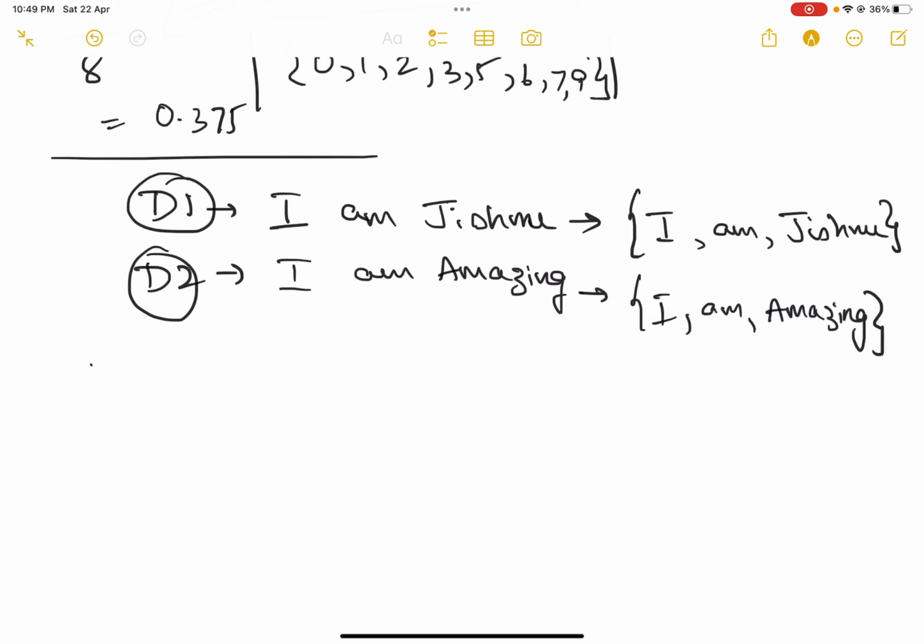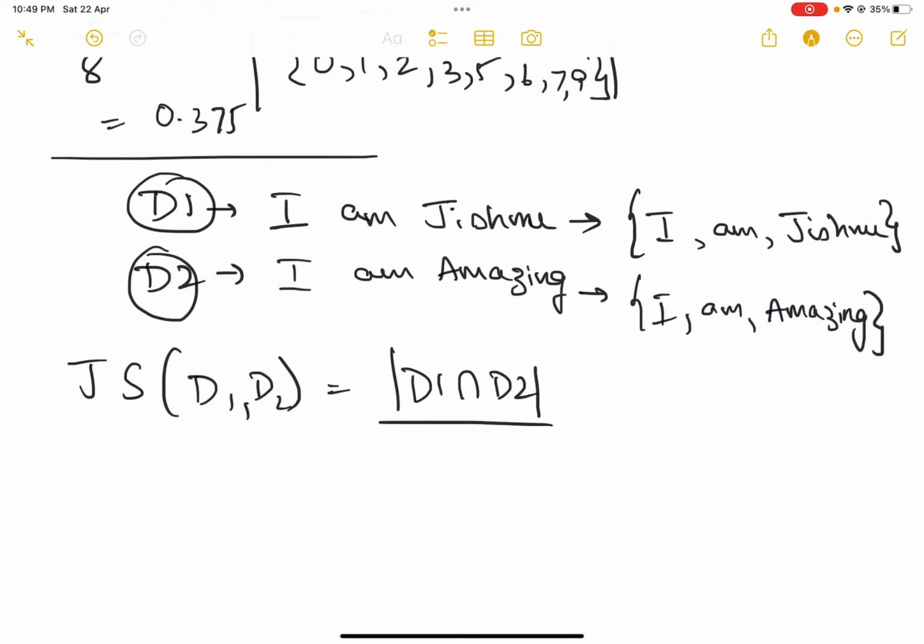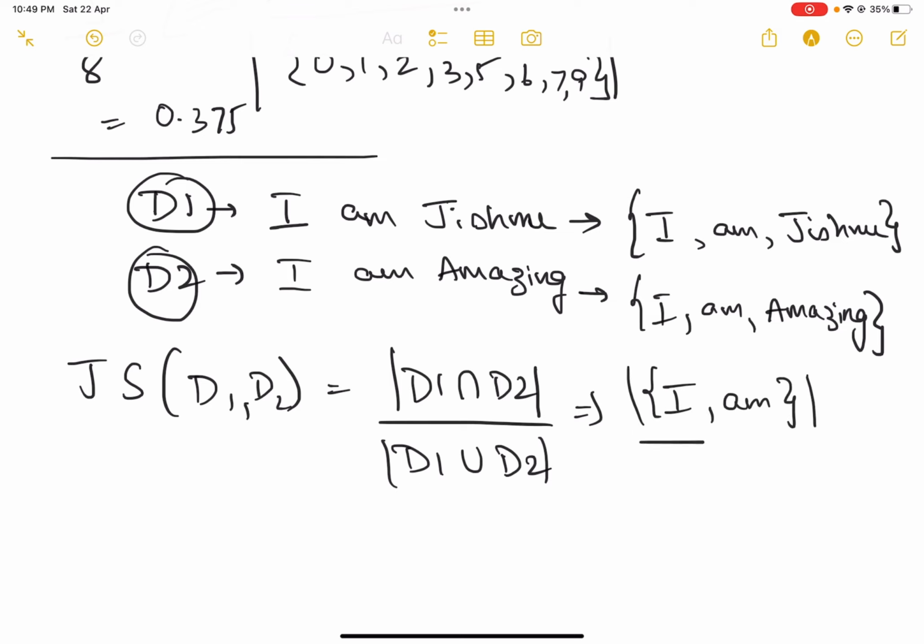So the Jaccard similarity of document 1 and document 2 would be the modulus of document 1 intersection document 2 divided by the modulus of document 1 union document 2. The intersection would be I and am, divided by the union, which is I, am, Jishnu, and amazing.